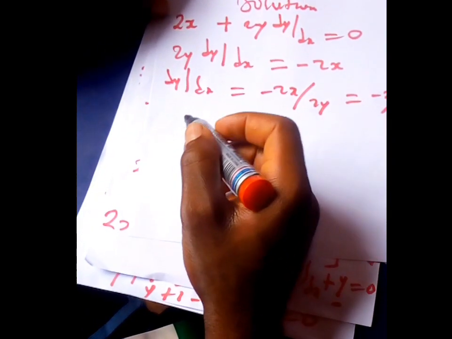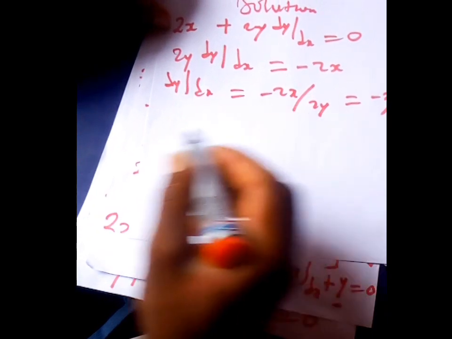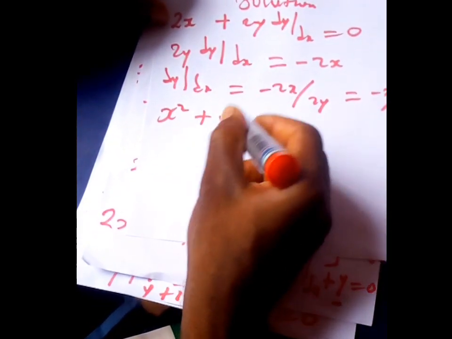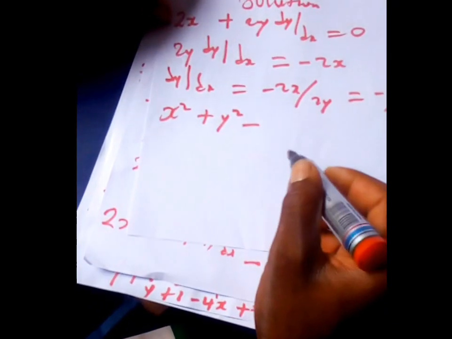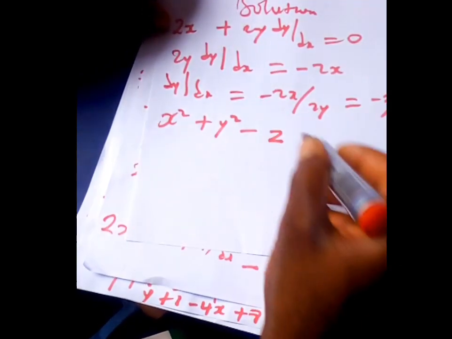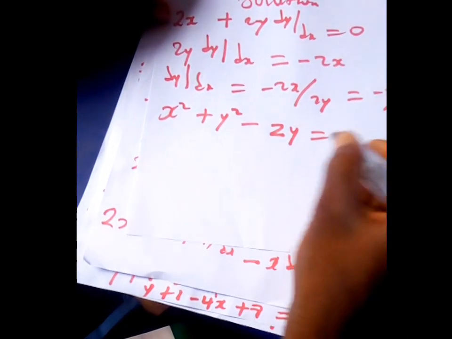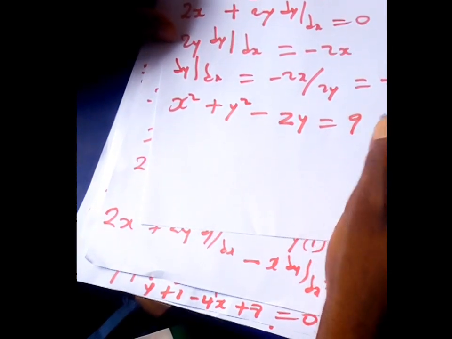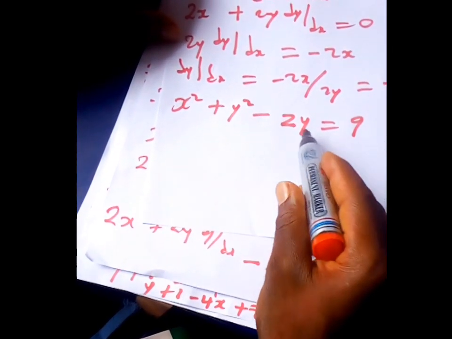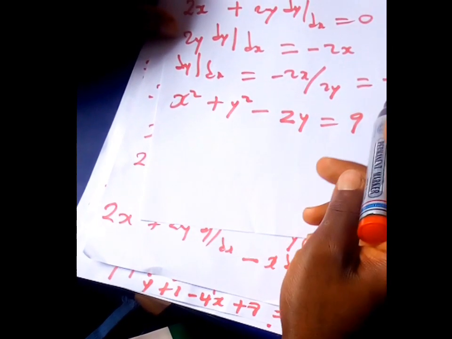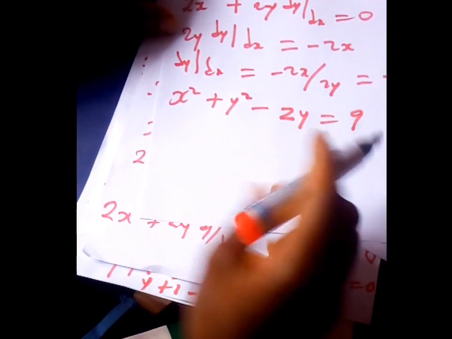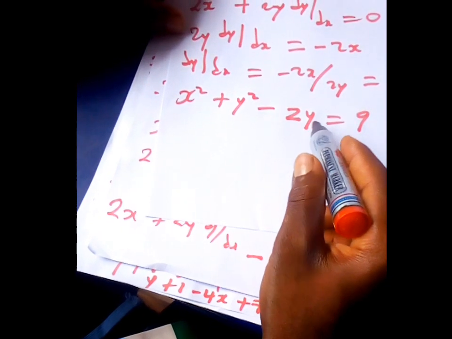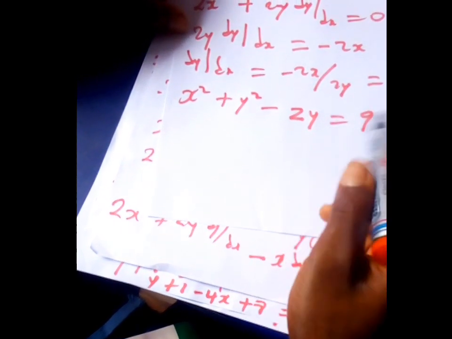Now let's look at another example. Given x squared plus y squared minus xy equals 9. This function has x companion y, and whenever we are solving any related function like this, solving for x companion y, we are to solve it separately.